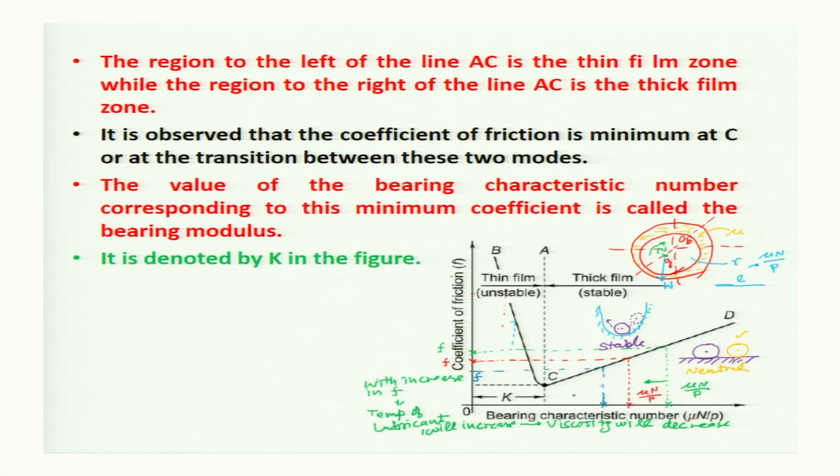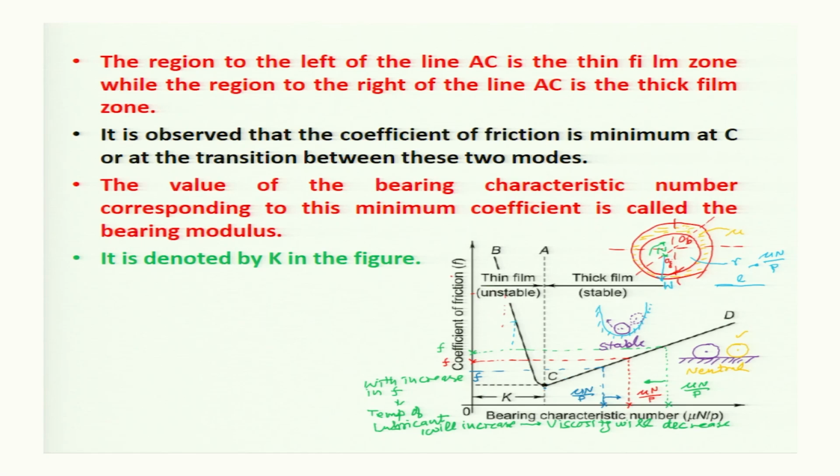And so, whatever value of mu n by P is here, the viscosity of the lubricant will increase, this value will increase, and it will try to come back to its original equilibrium position. And so, this CD zone is called the stable zone.